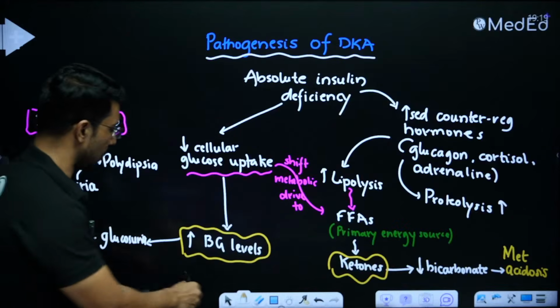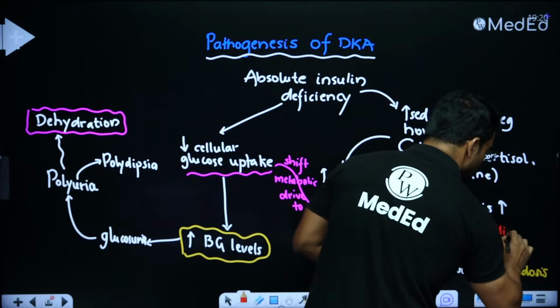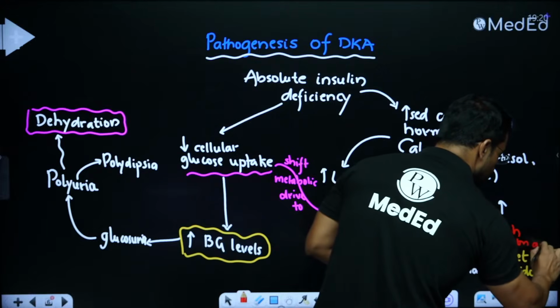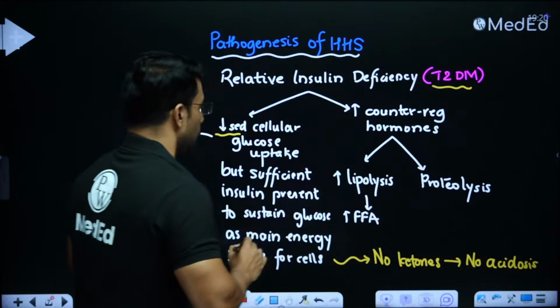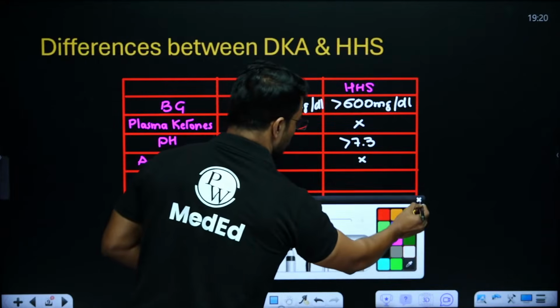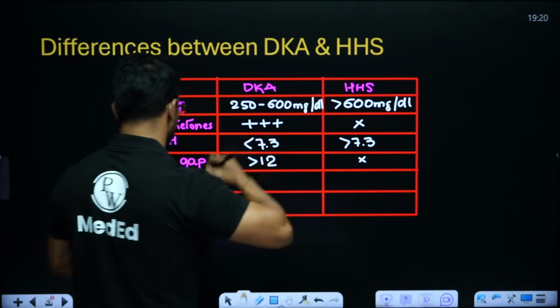So when do we call it as high anion gap metabolic acidosis? जब ये anion gap is more than 12.